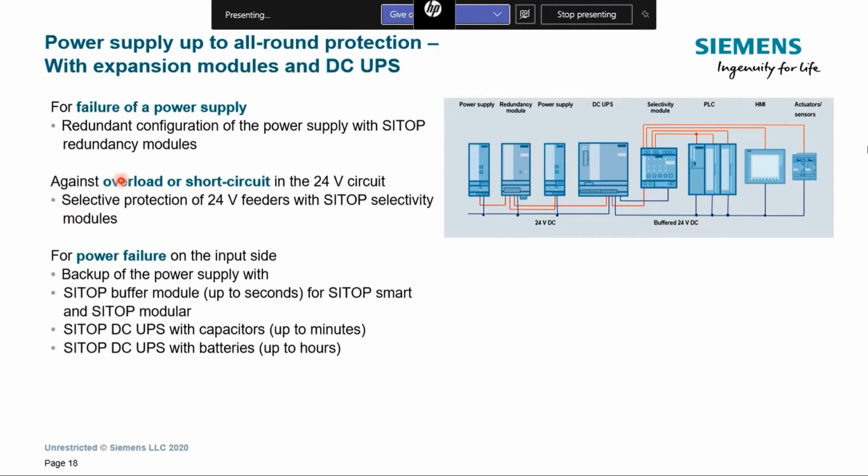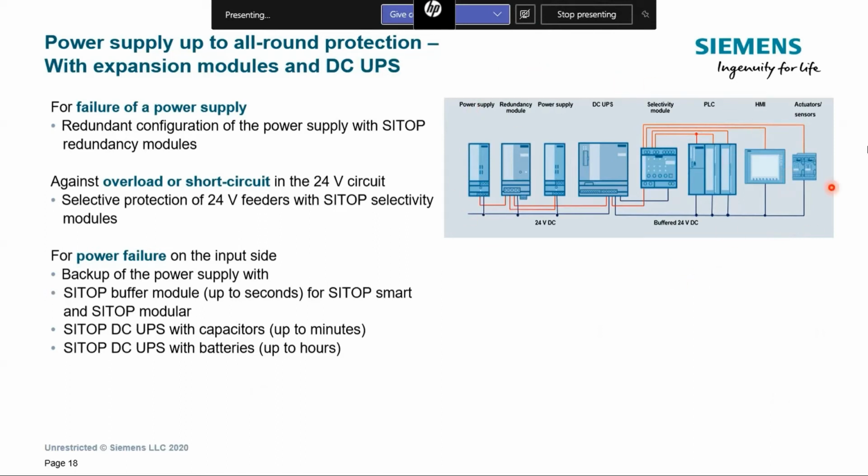Then the issue of overload or short circuits on the power supply, which will disturb the whole load on the power supply. And we have the selectivity modules in order to do that properly. And then we have the AC supply failure, which we compensate by having a DC UPS added to our power supply.